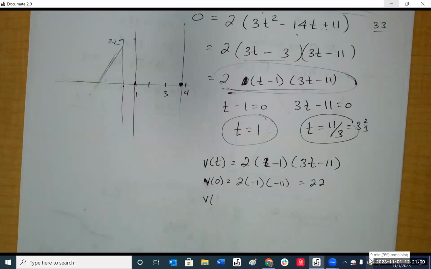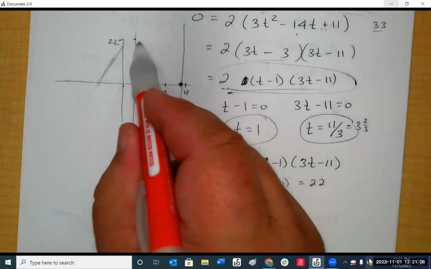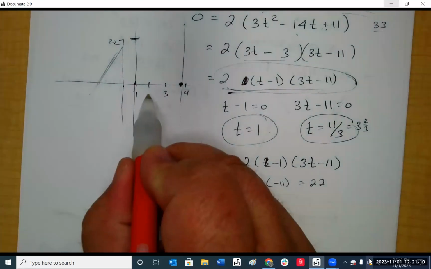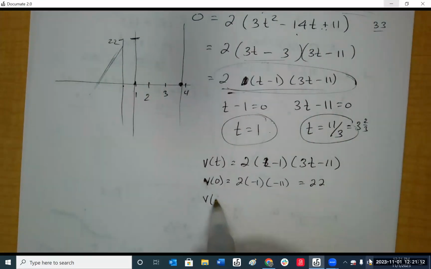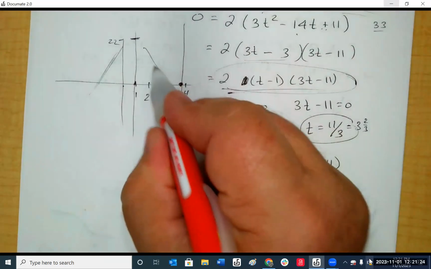Okay, let's finish this one real quick. All right, so at 0, it's increasing, so this has to be a maximum. At 2, what happens? 9 minus 6 minus 5 is -5, so it's -10. So it's decreasing.